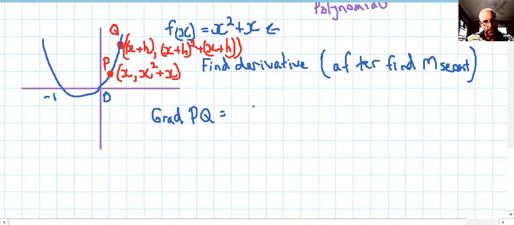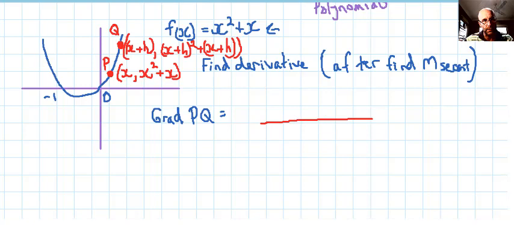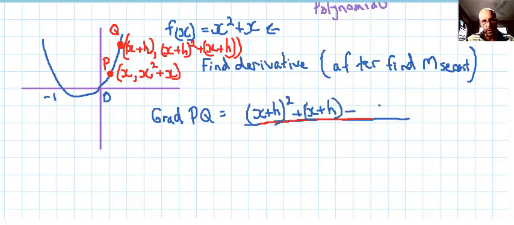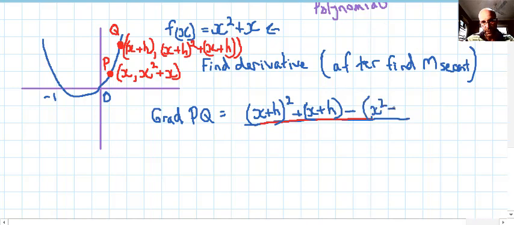Okay, so here we go again. Whoops, that wasn't the best color to use. Forgive me for that. And we've got x plus h all squared plus x plus h minus x squared plus h. Put that in brackets because it's minusing both terms.